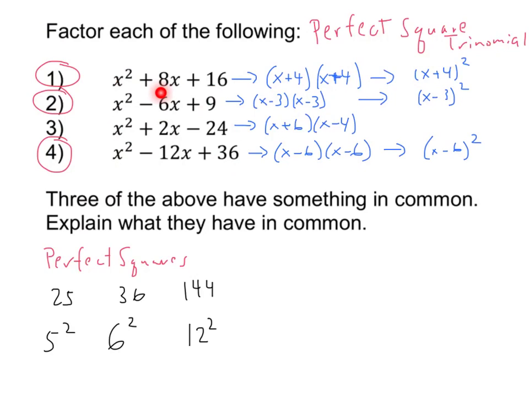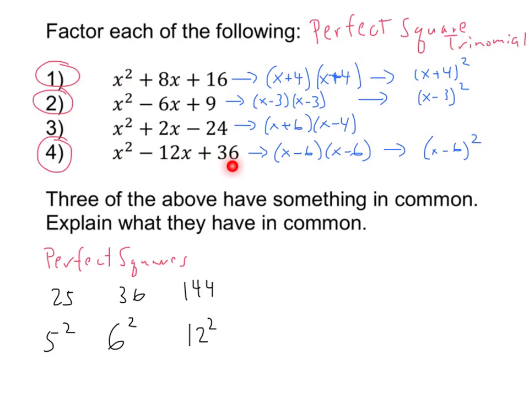What's half of 8? 4. And if you square that, you get 16. Negative 6: half of that is negative 3, and if you square negative 3, you get positive 9. How about negative 12? Half of that is negative 6, and if you square that, you get 36.